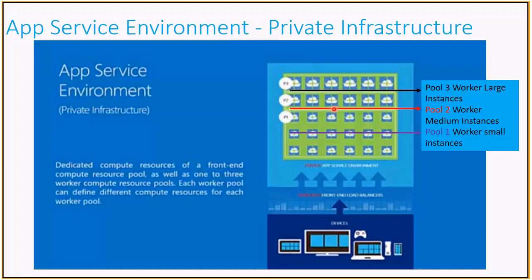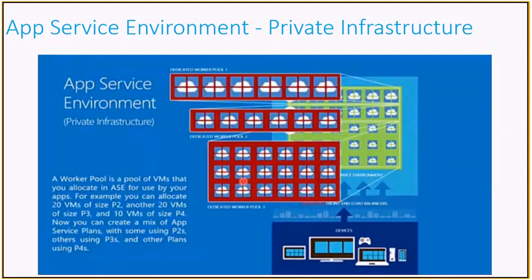Each tier, whether basic, free, shared, or whatever tier you select, depends upon the type of resources, whether medium, small, or large instances. Basing on that, we have tiers, okay. The larger or more premium the tier is, the more performance oriented CPU you have running on top of it.